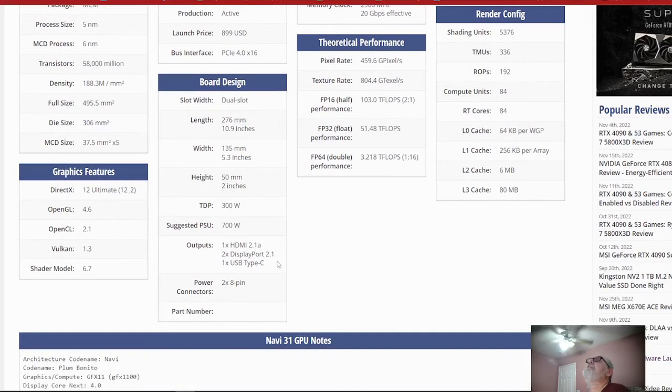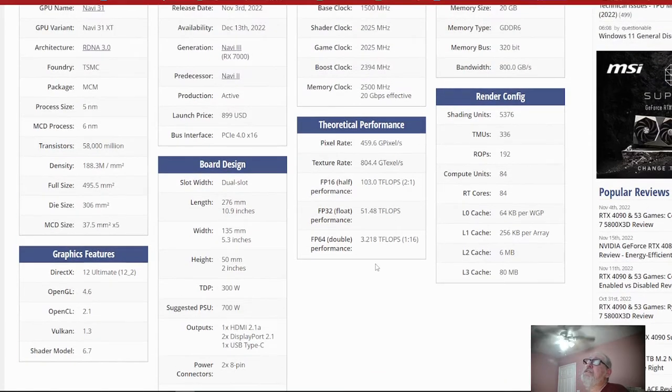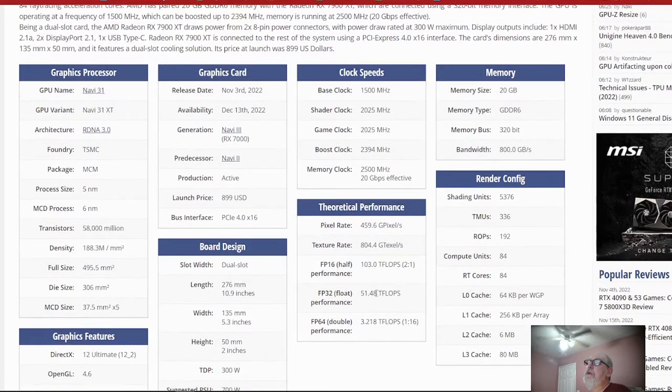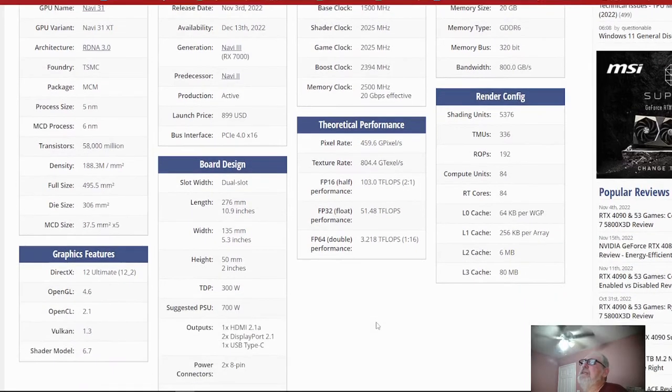And it's got DisplayPort 2.1, and it says it has one USB Type-C. Now this right here, if it's got one USB Type-C, this will be interesting to find out what it is. But it's got two 8-pin connectors, so you get 16 wires, each one of them pinned separately. You don't have to worry about the connector burning down.